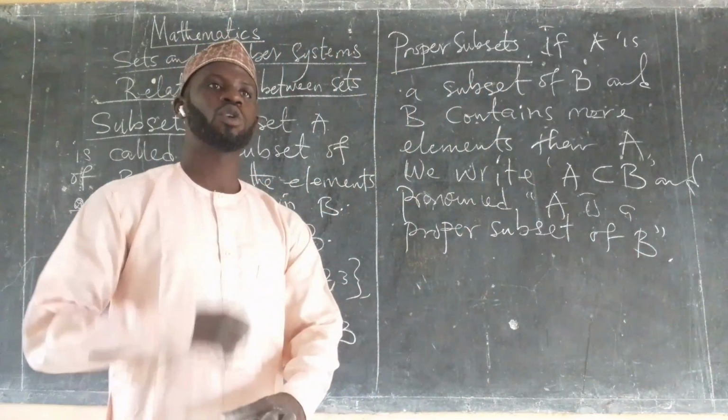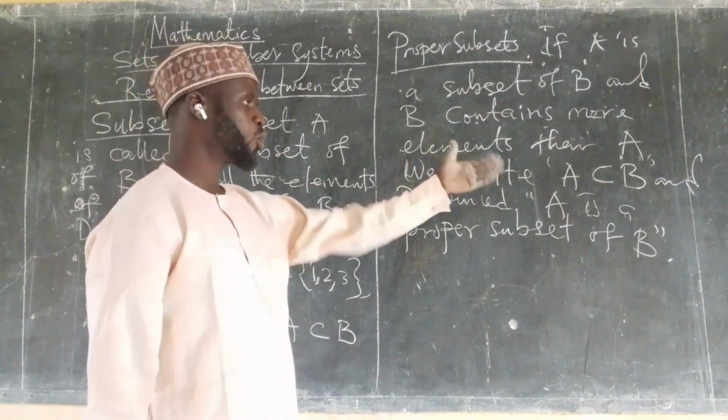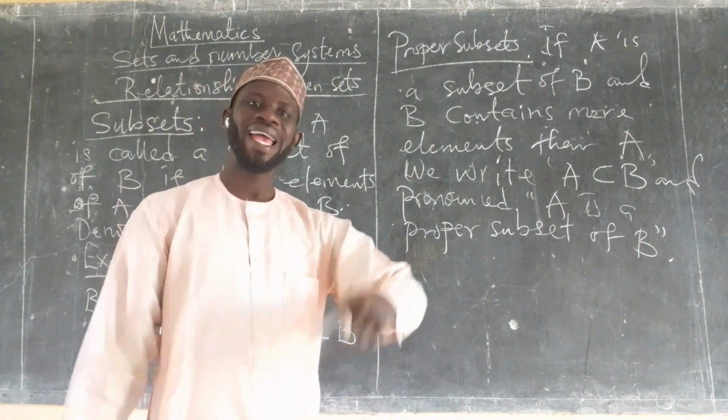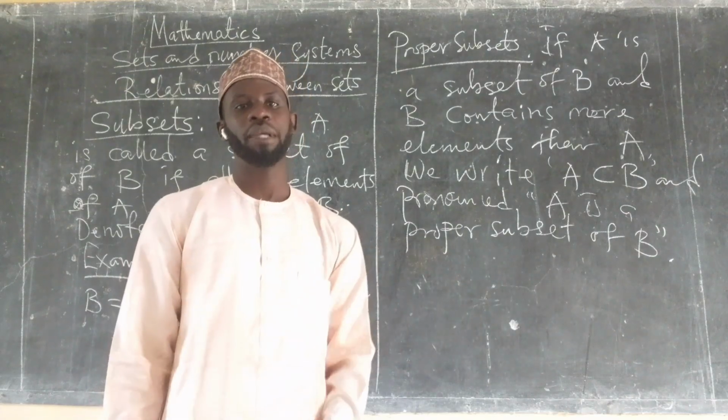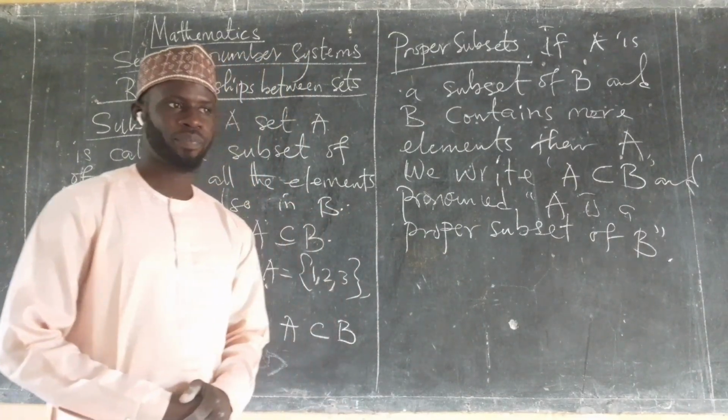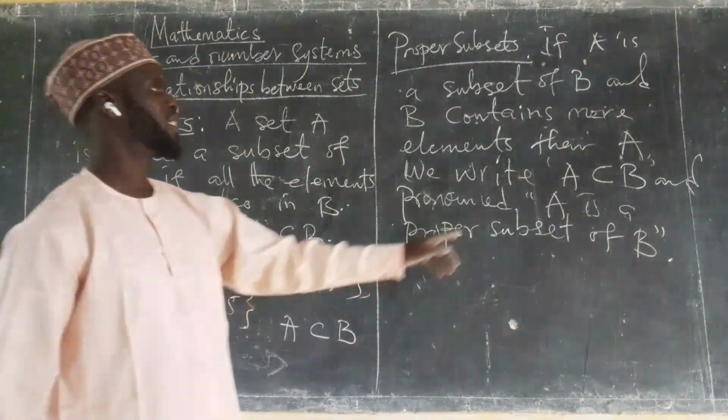Meaning all the elements of A are also in B, and there are extra elements in B that are not in A. So we write this subset.